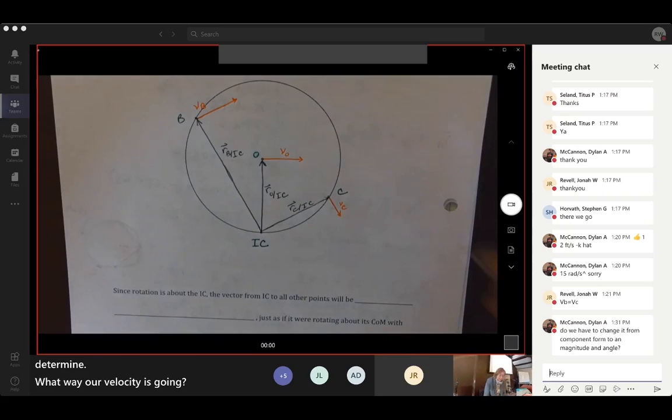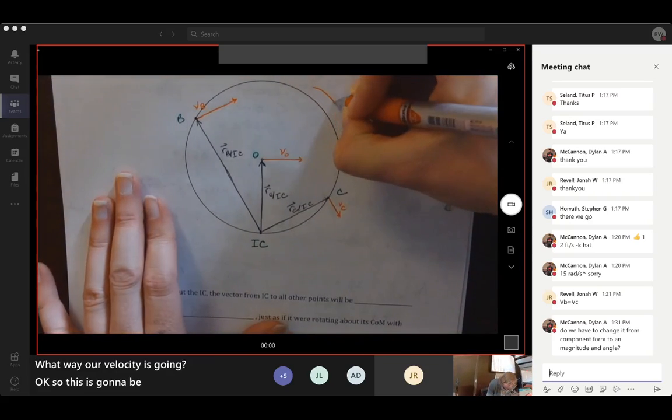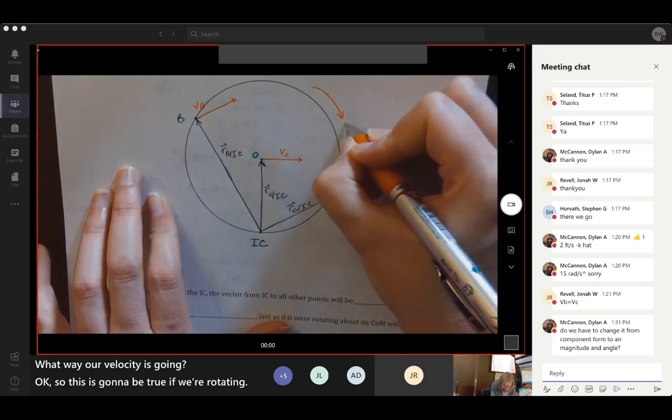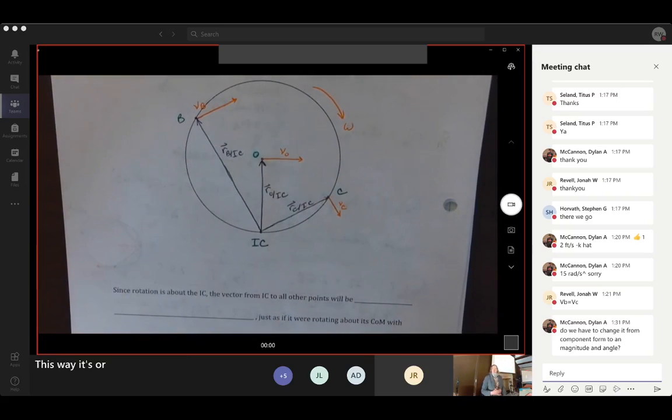Okay, so this is going to be true if we're rotating this way. So our omega is going to cause rolling toward the right side of the page. If we were rolling the opposite way, what would our velocities look like?